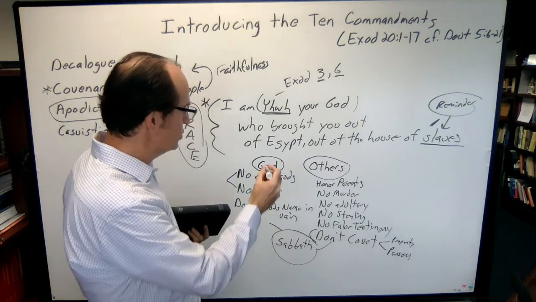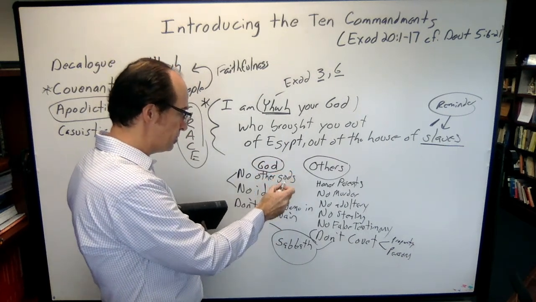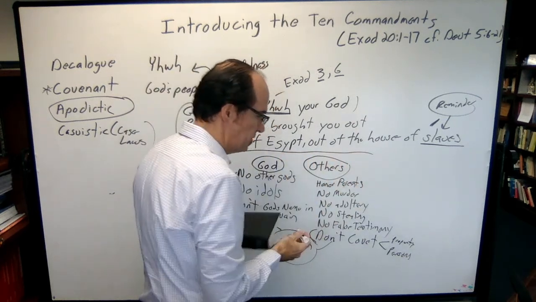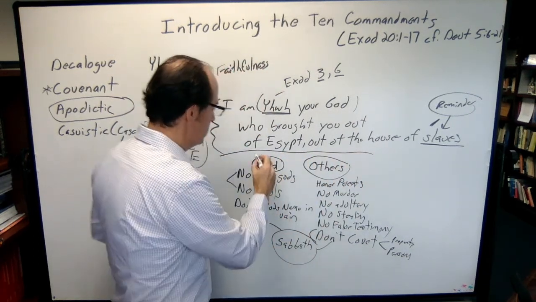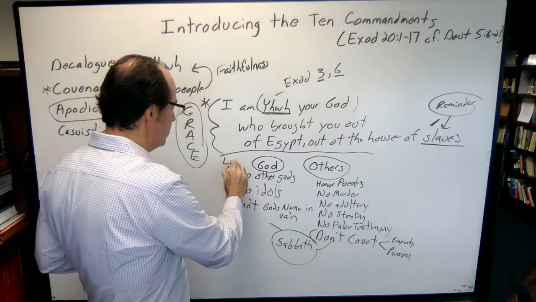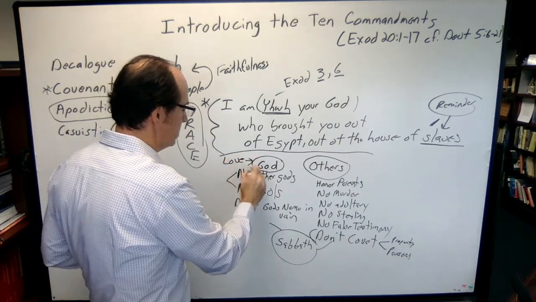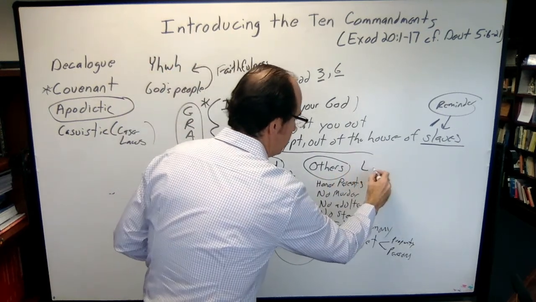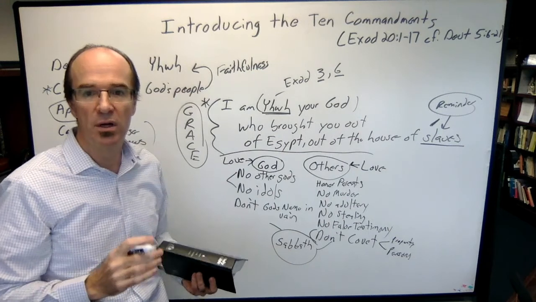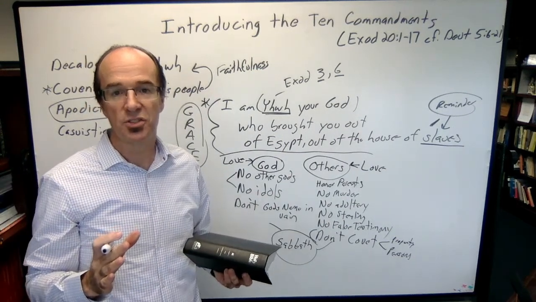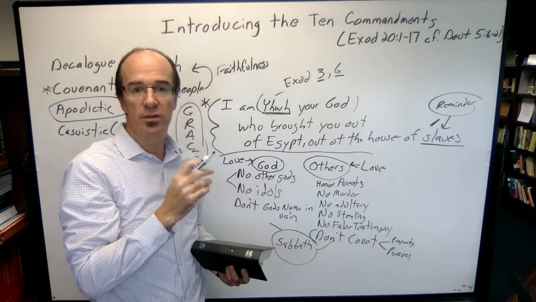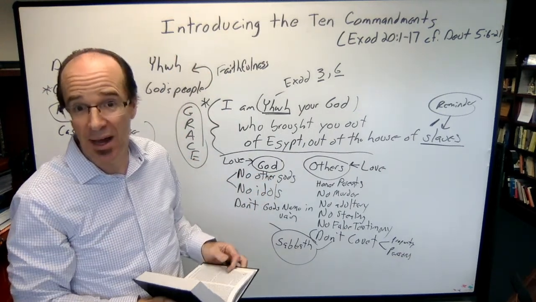Now, you can also frame out these commandments, and I like to do this in terms of the great commandments, which would be love God and love others. And so you can see what Jesus does in the New Testament: he takes hold of verses that actually come out of the Pentateuch.